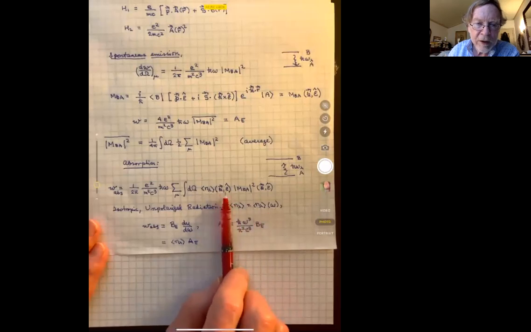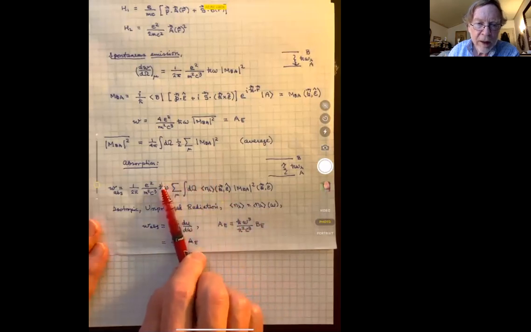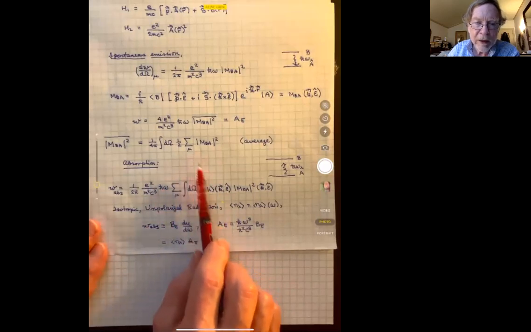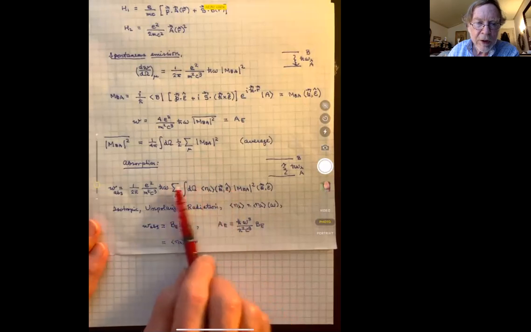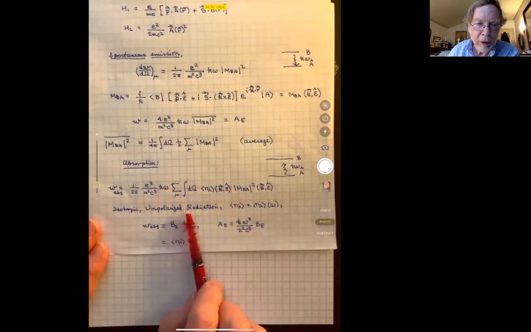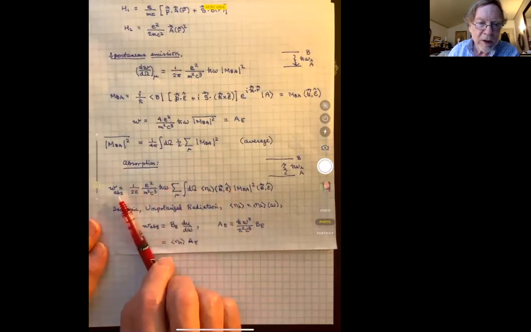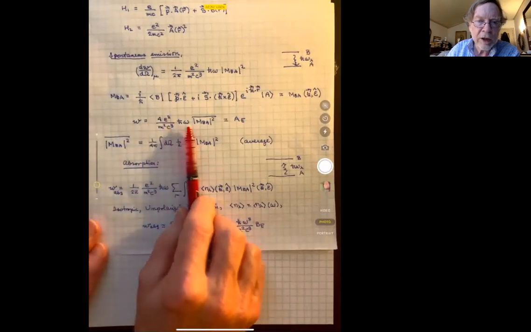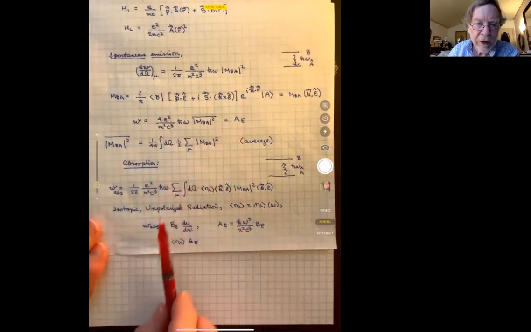If that's the case, then this quantity can be taken out of the sum and the integral, and what's left over is essentially the average of that square matrix element again. And this allows us, in the case of isotropic and unpolarized radiation, to express the total rate of absorption in terms of the total rate of spontaneous emission, or in other words, the Einstein A coefficient.